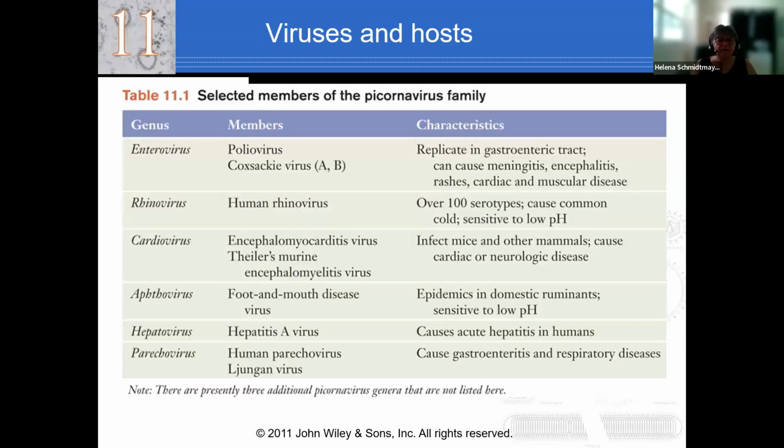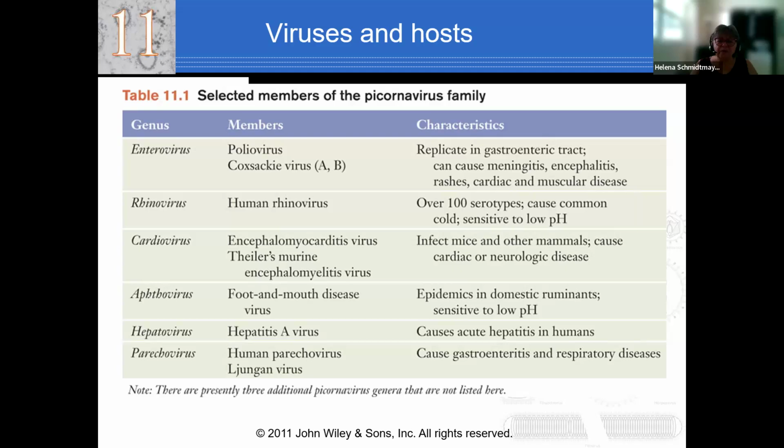Now, when we look into enterovirus, the two most prominent viruses belonging here are poliovirus and coxsackievirus. They replicate in the gastroenteric tract, therefore they must be highly resistant to low pH in the stomach and resistant to enzymes which are secreted in the small intestine.